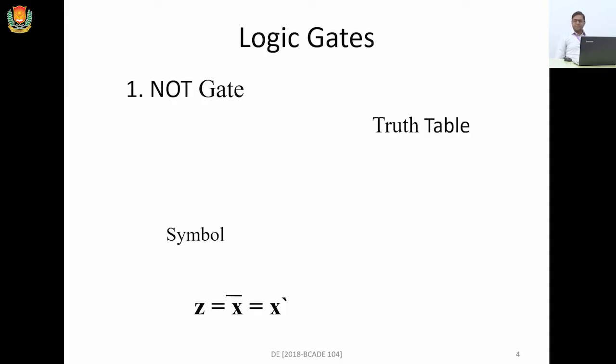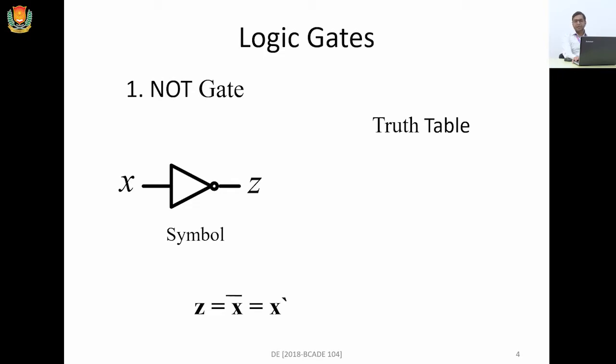Students, to understand any logic gate, we need three basic things. One of them is the symbol for the logic gate, another is the truth table, and the third is the logical expression. As you can see, this is the symbol for the NOT logic gate.